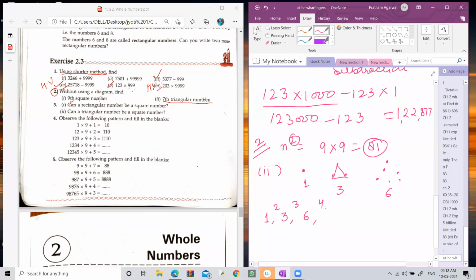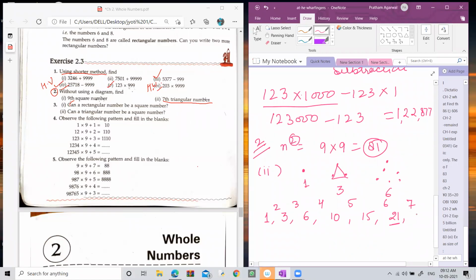When you add 6 plus 4, it gives you 10. For finding the next triangular number, which number do you need to add? 5. The next triangular number is 15. Now add 6 to get the next one. 15 plus 6 is 21. Then add 7 to 21.